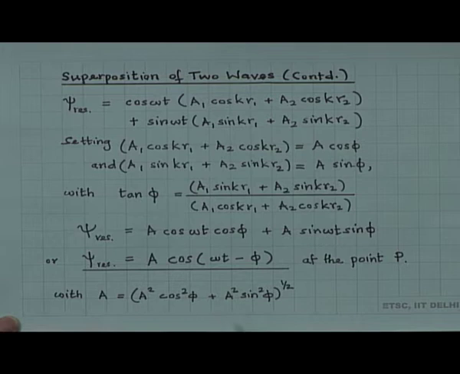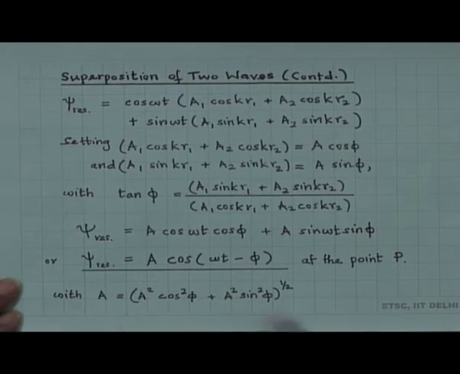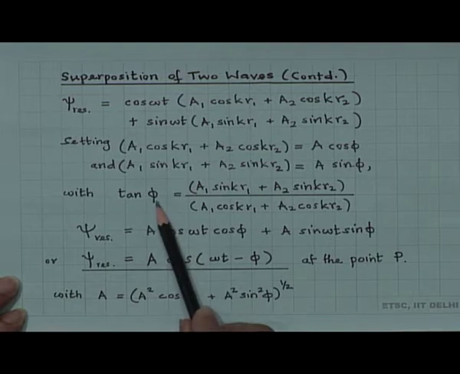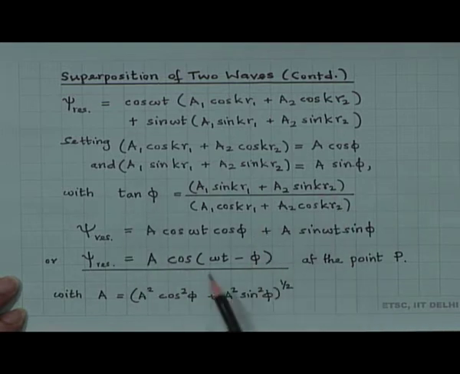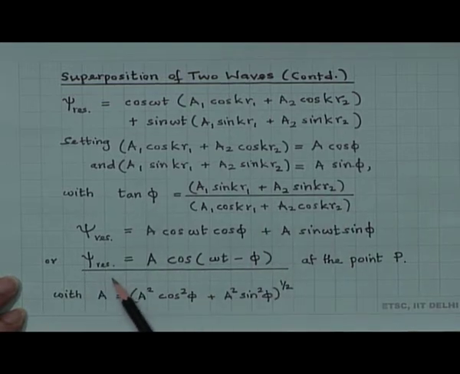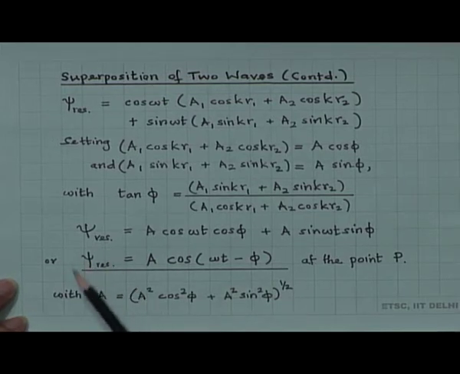So, A is given by this and phi is determined by this equation. So, we have the resultant disturbance, or resultant wave, at the point P as A cos (omega t minus phi).